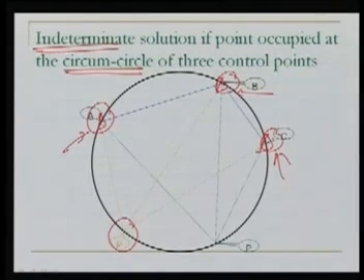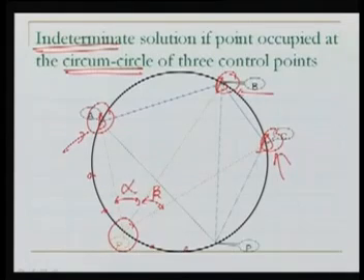Why? Because in all the methods we have relied on alpha and beta. If we are on the circumcircle, wherever you are standing, even if you are standing here, the angle is still alpha and beta. So wherever we go around, we will find a solution, and because of that the solution becomes indeterminate. So we should try to avoid this kind of condition.